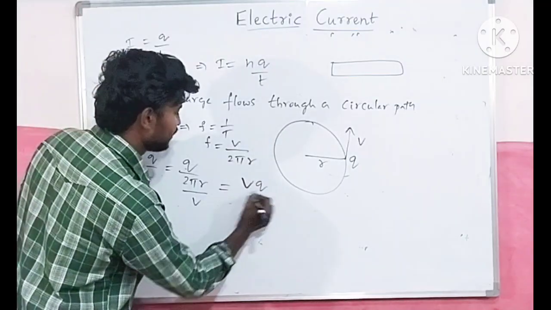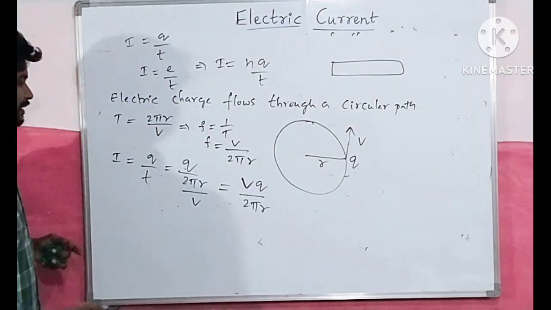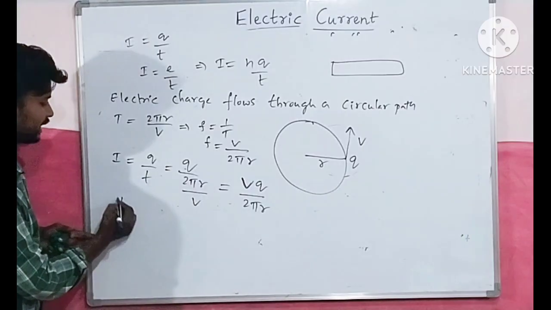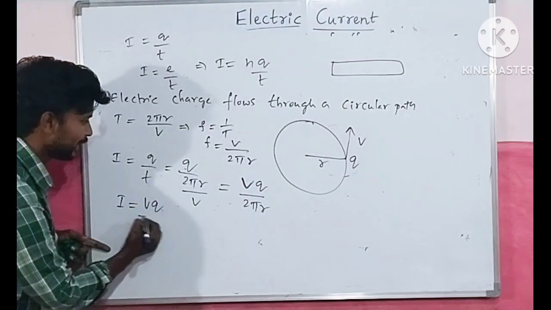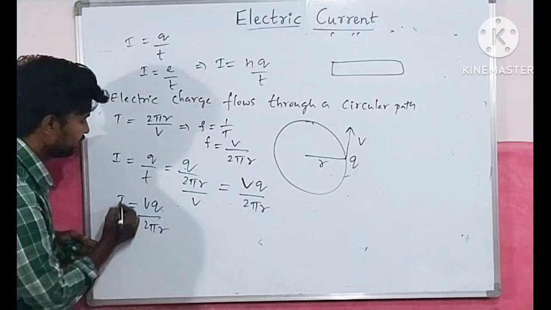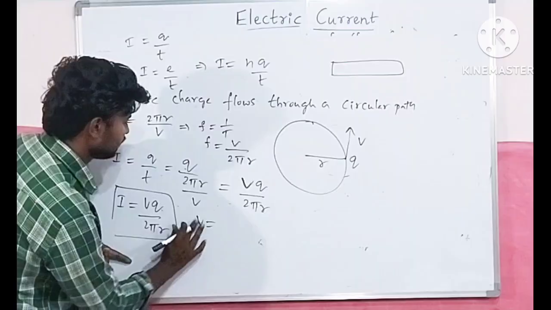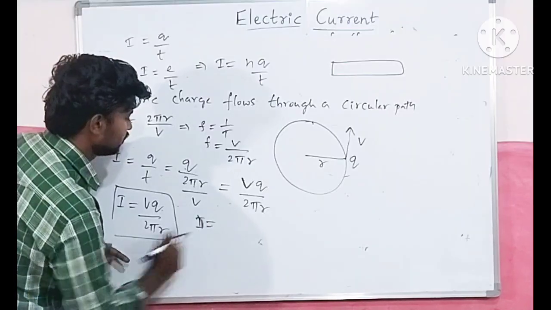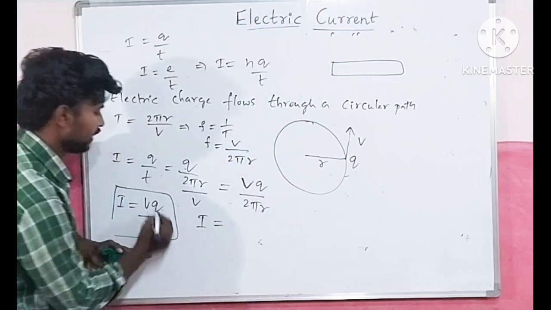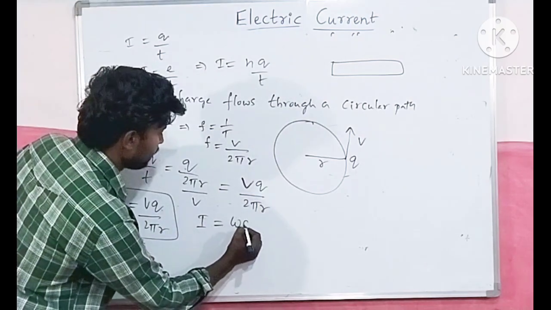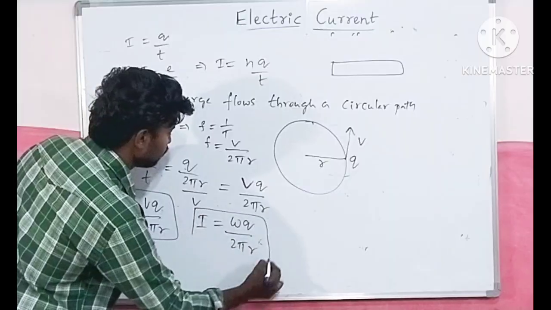Then the formula is VQ by 2 pi R. So the current I equals V into Q by 2 pi R, or we can write I equals omega Q by 2 pi R, since V by R equals omega.